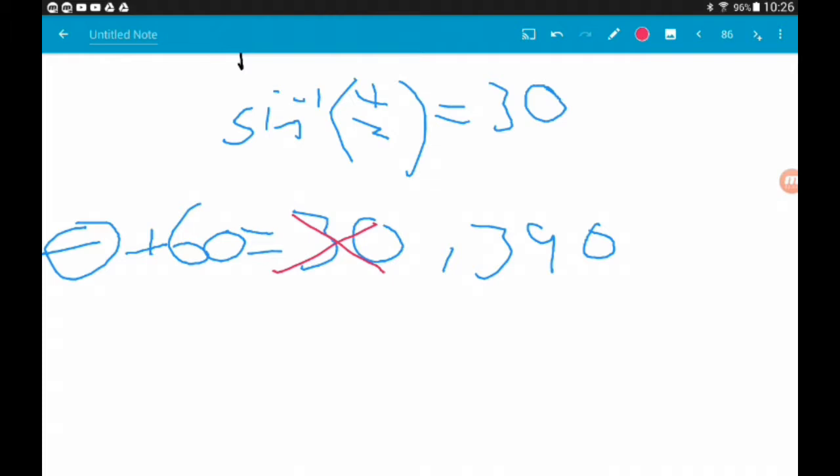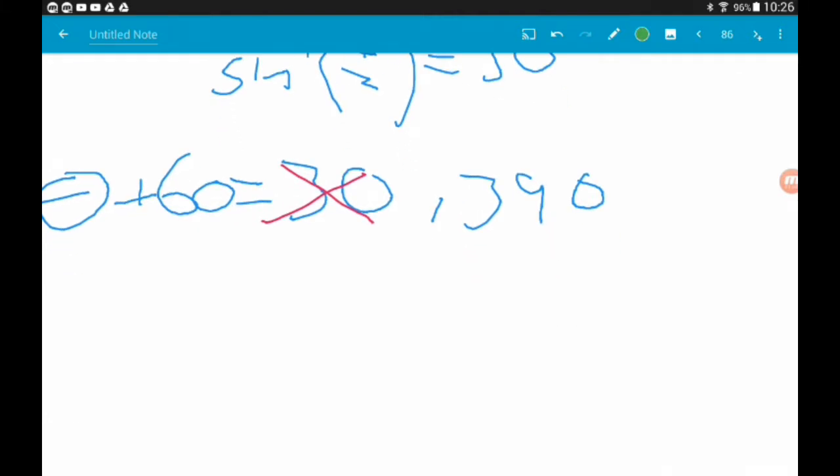If theta plus 60 is 390, we can take away 60 and get theta equals 330.